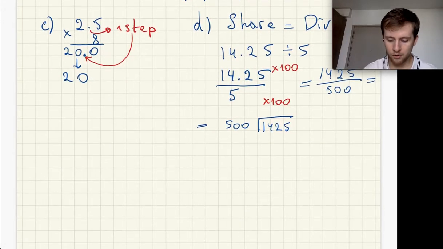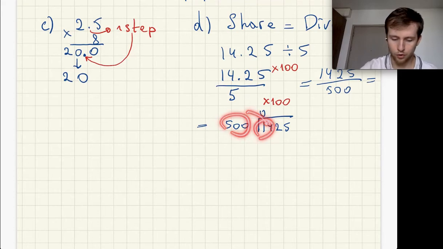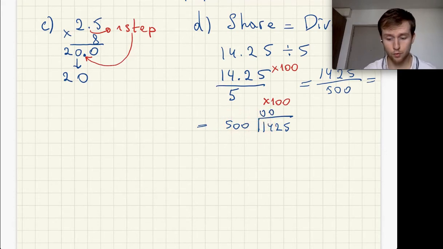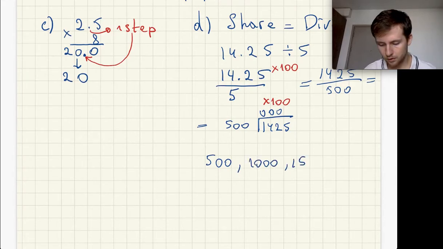So 500 does not fit into 1. So we'll write 0. 500 does not fit into 14. So we'll write another 0. And does not fit into 142. So we write another 0. Actually, the multiples of 500 are 500, 1000, 1500, right?